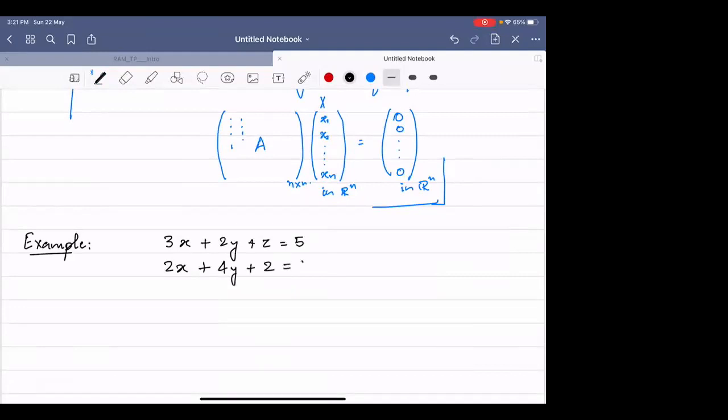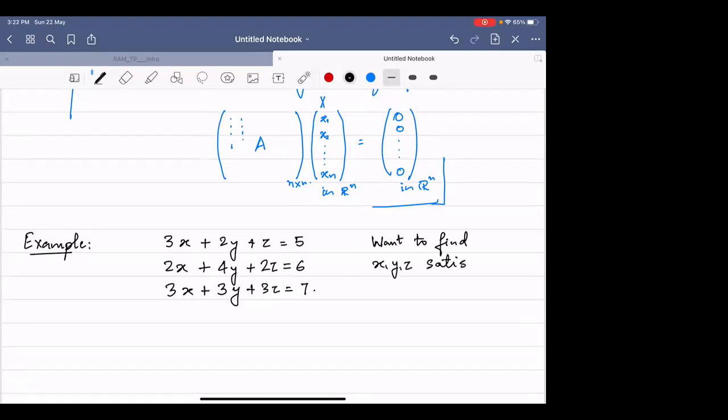Then 2x plus 4y plus 2z equals 6, and 3x plus 3y plus 3z equals 7. This should have been 2z. So some system of equations is here, and like before, we want to find x, y, z that satisfy these three equations simultaneously.